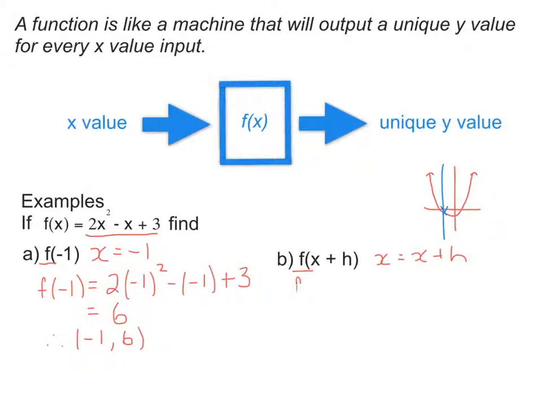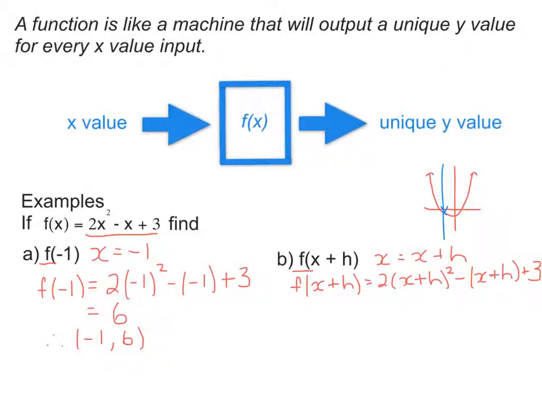Similarly, the function's value when x is equal to x plus h gives us 2 times (x plus h) squared minus (x plus h) plus 3. Since our x value in this particular example is algebraic, then our corresponding y value will also be algebraic.